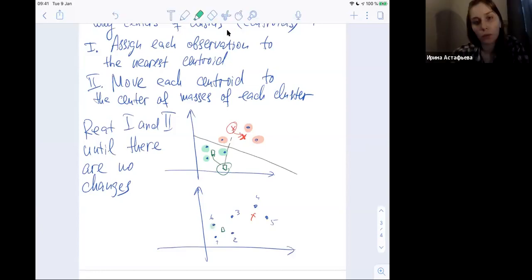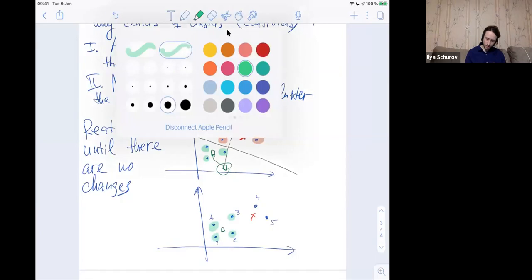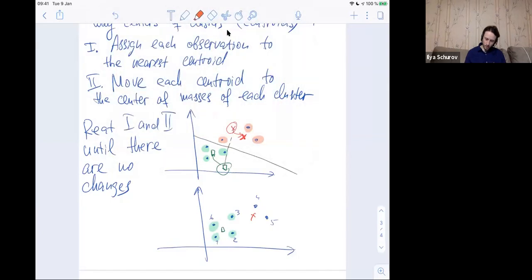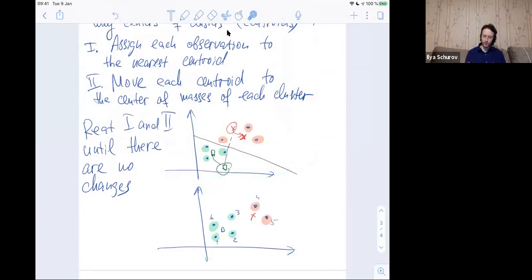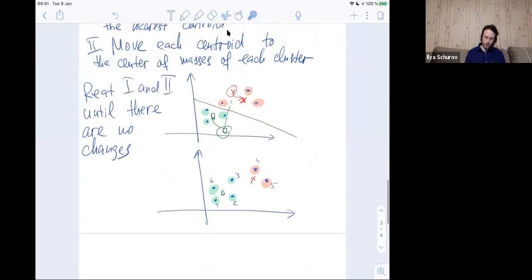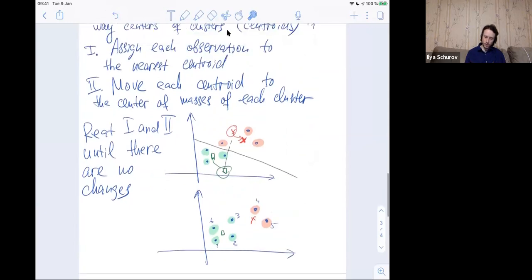And 4, 5 are red. We have these things, and we have this thing. So you see that in this case, the picture changed from this to this. We have a different assignment, and then we have again to repeat step 1.